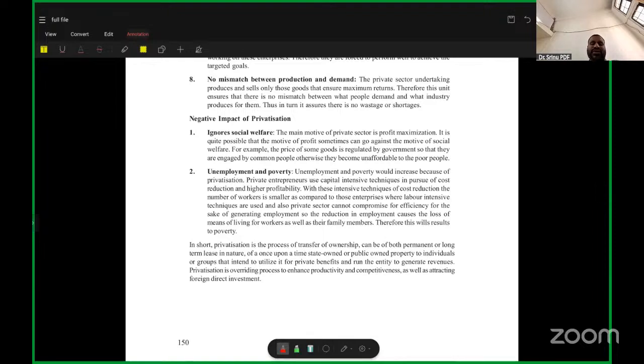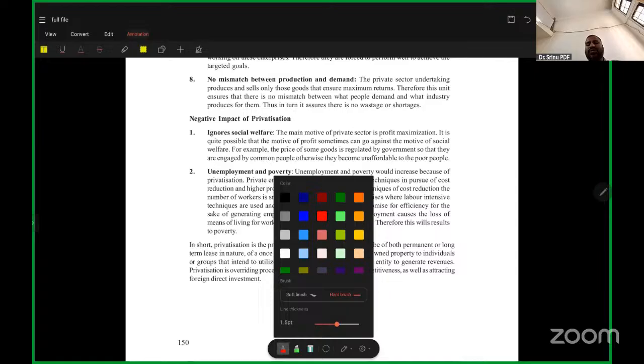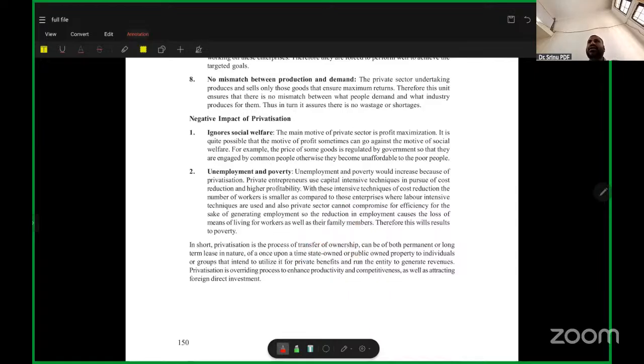What is the negative impact of privatization? Ignoring social welfare. See, the public sector concentrates on the customer benefit side only; they do not focus on profit, they want to be service based. But in privatization, they won't think about the customers. The main aim is what? Earning profit only.